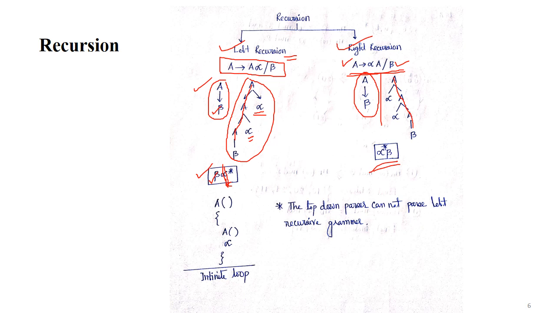That means on the left hand side we will be able to generate alpha star and beta on the right hand side. And this grammar is left recursive, because every time we need to replace my non-terminals on the right hand side of the parse tree.